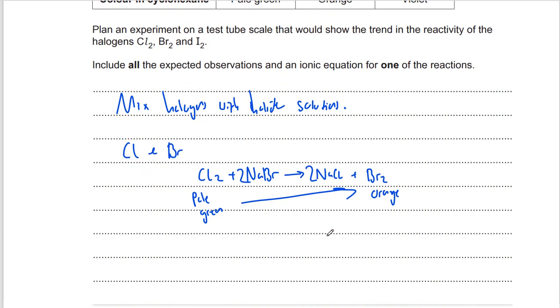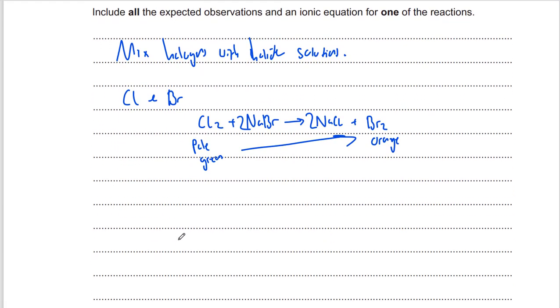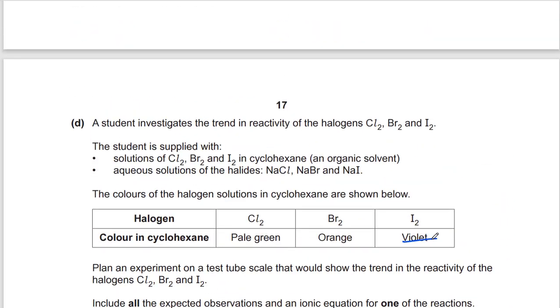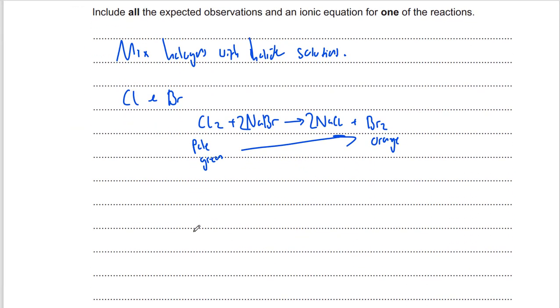And the same applies for chlorine and iodine. If I do chlorine and iodine, the same thing will happen. It goes from pale green, only this time instead of going to orange, it will go to violet. If I react bromine and iodine, so let's just put Br plus I, or just bromine and iodine.